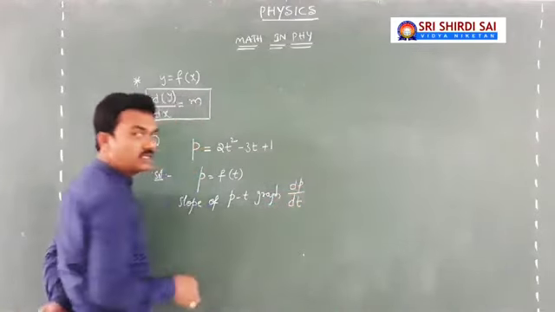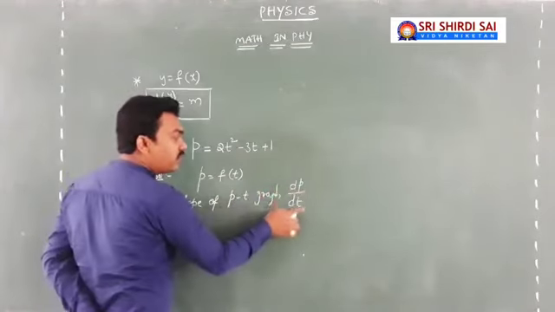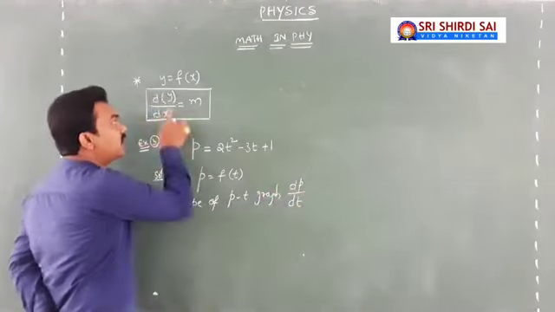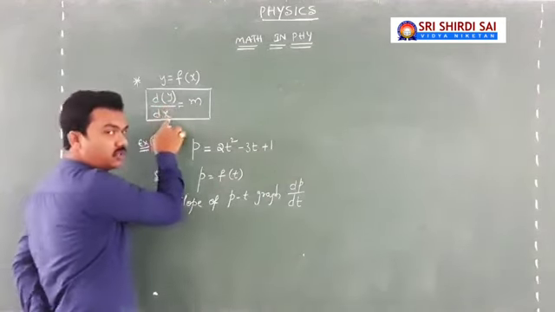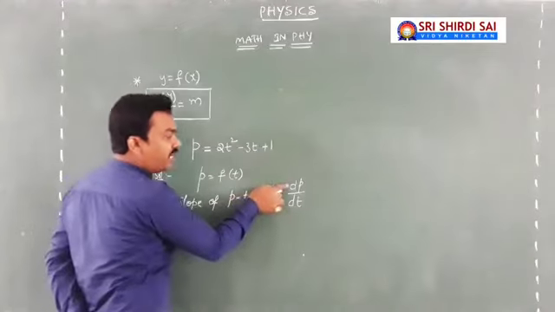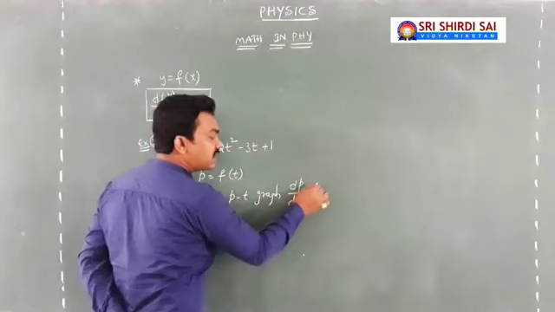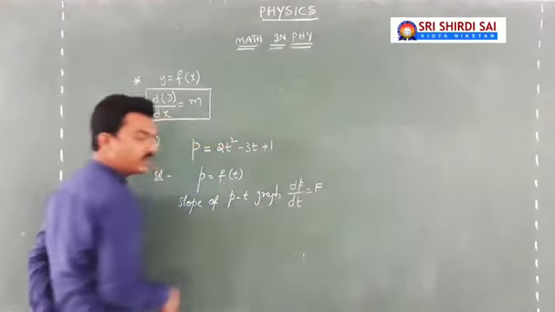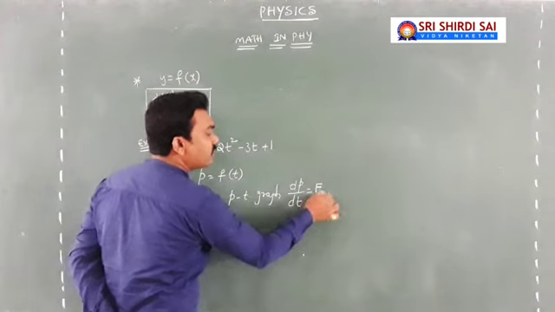How do you read this? dp by dt: rate of change in momentum with respect to time. You know that dy by dx is the rate of change in y with respect to x. So here, the rate of change in momentum with respect to time will give the force acting on the body. You have learnt this already. But this is instantaneous force.